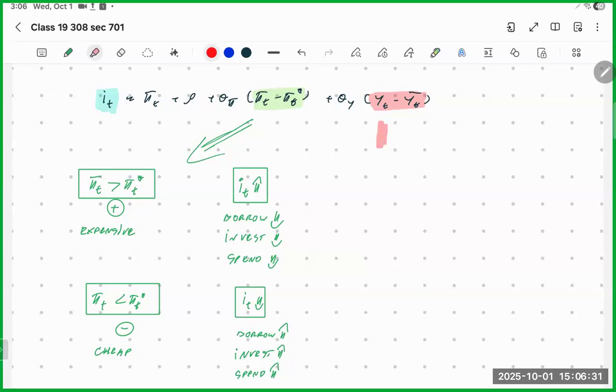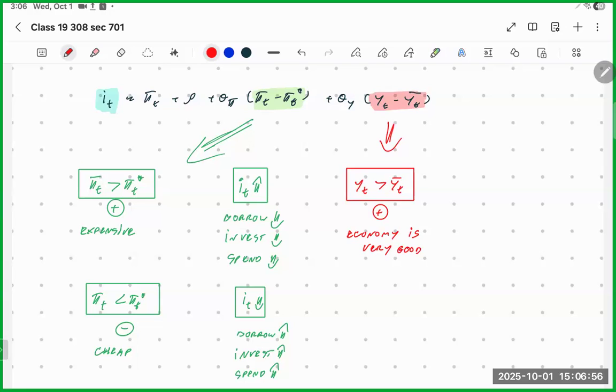Then the second bracket, the red color. If YT greater than YT bar, sorry, this bracket becomes positive, right? It means that the economy is very good.